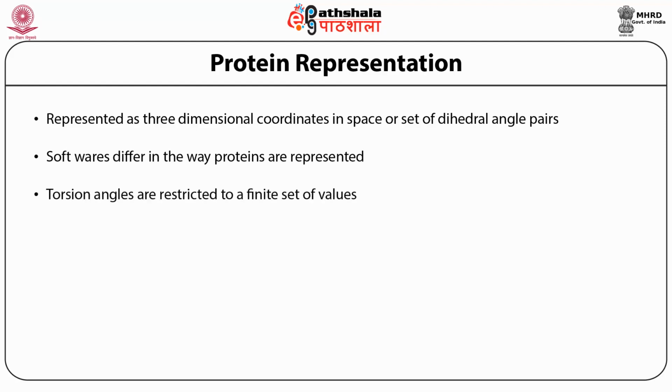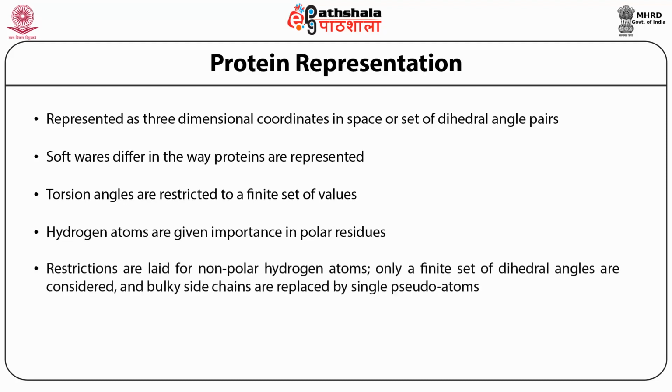The torsion angles are restricted to a finite set of values. Hydrogen atoms are given importance in polar residues. Restrictions are laid for nonpolar hydrogen atoms. Only a finite set of dihedral angles are considered, and bulky side chains are replaced by single pseudo atoms.